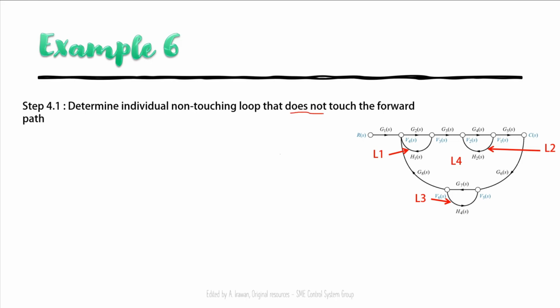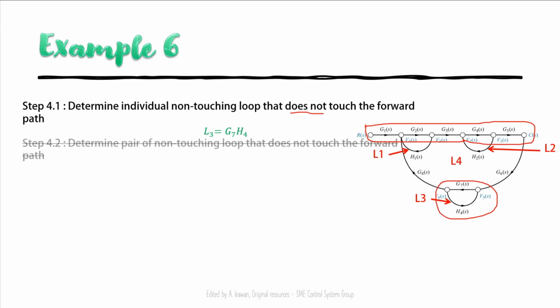Next, determine the pair of non-touching loops that do not touch the forward path.